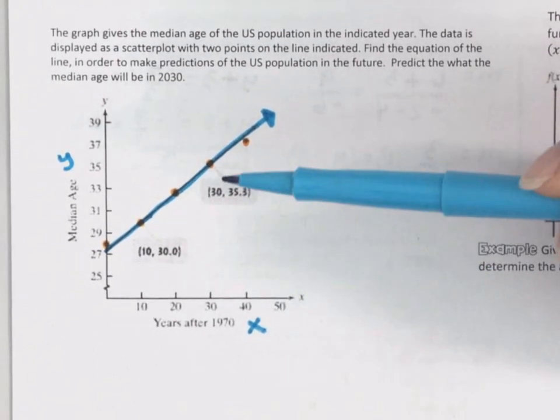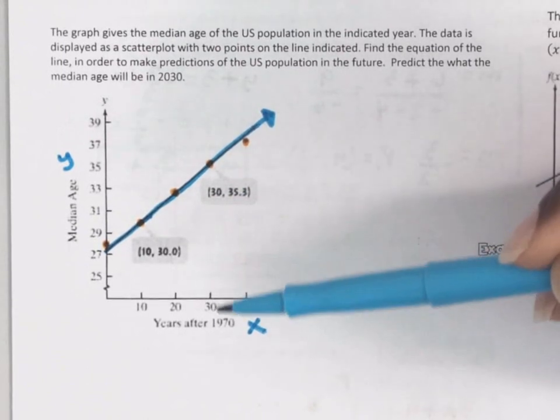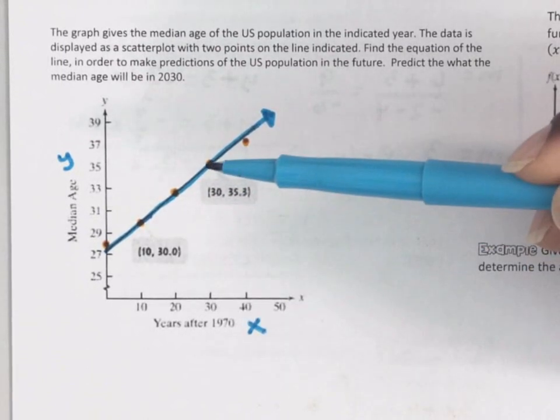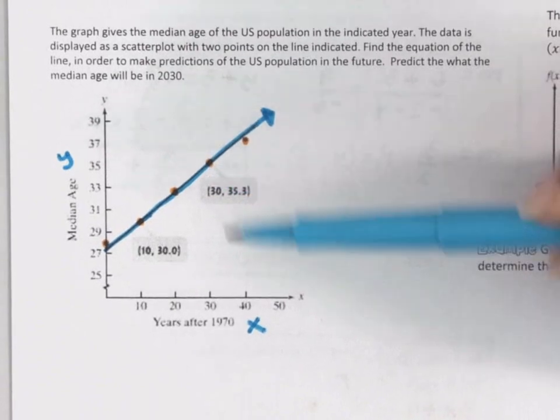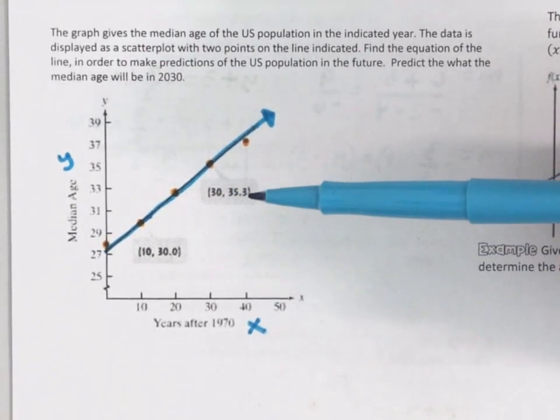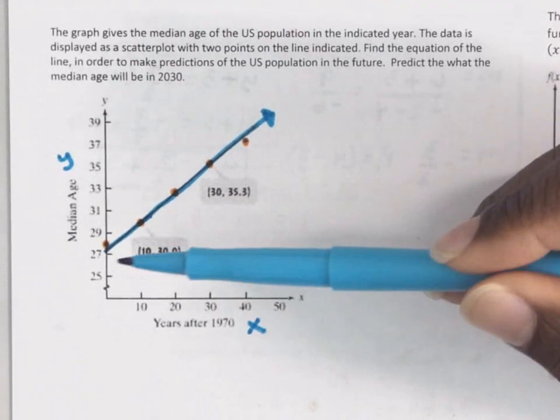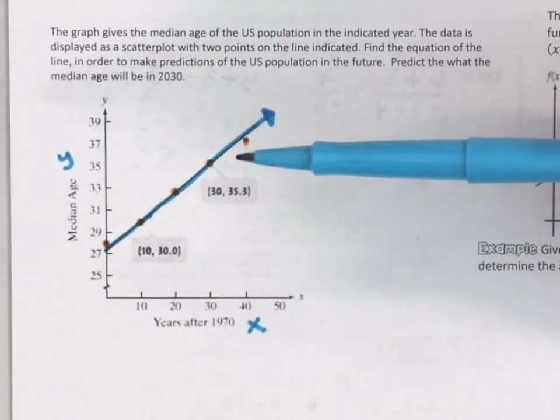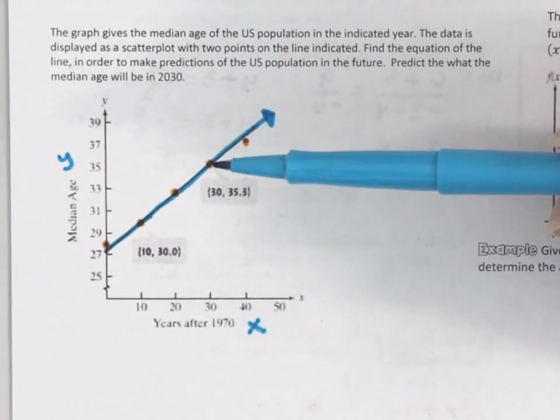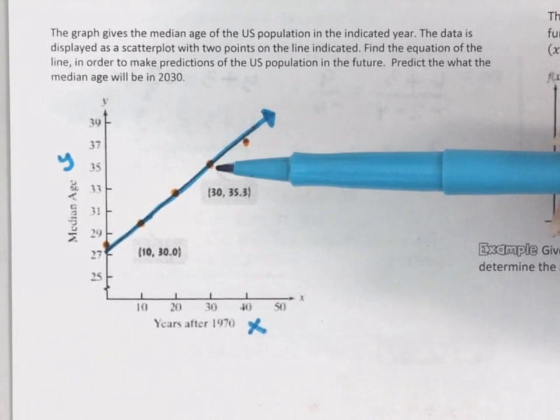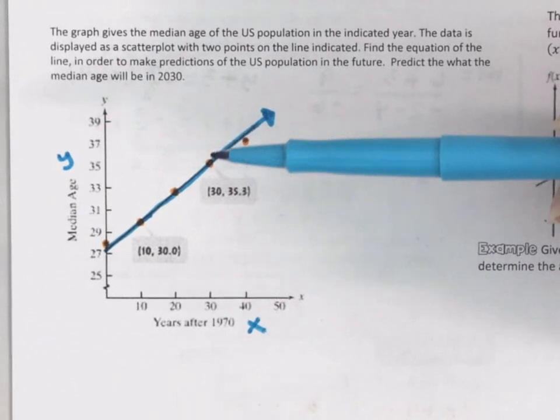What about this 30? What year is 30? 2000, 30 years later. What was the average age? 35.3. Does that make sense? What's happening over time? It's increasing. Is that good or bad? Some people say it should be good.